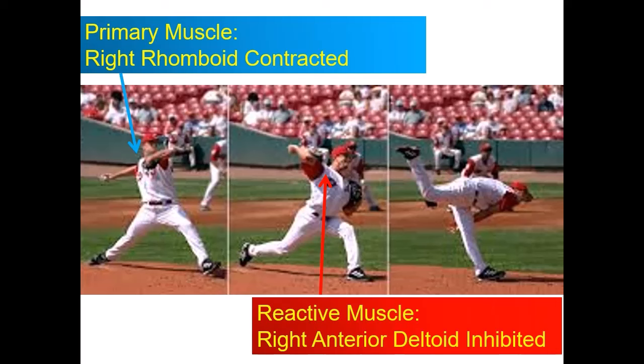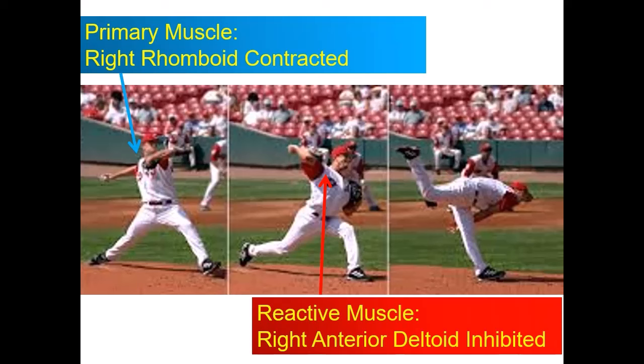As contraction of the rhomboid becomes complete, reciprocal facilitation of the anterior deltoid and pec major occurs, which gives them full power. However, if the anterior deltoid and pec major are reactive to the rhomboids, then reaching back and contracting the rhomboids will result in inhibition of the anterior deltoid and pec major, just when they are needed most.